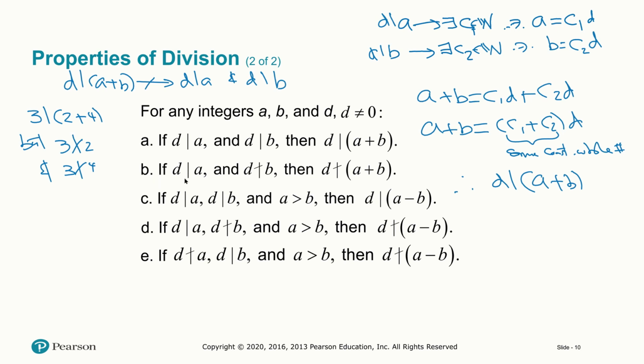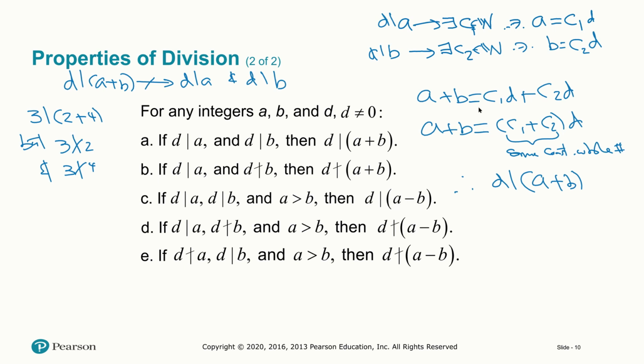All right, so now it's saying if D divides a first number A, but it doesn't divide a second number B, then it's not going to divide the sum, okay? And you can see by the reasoning we used here, you should be able to see why that happens. Think about that, okay? If D divides A and D divides B and A is greater than B, then D divides the difference as well.